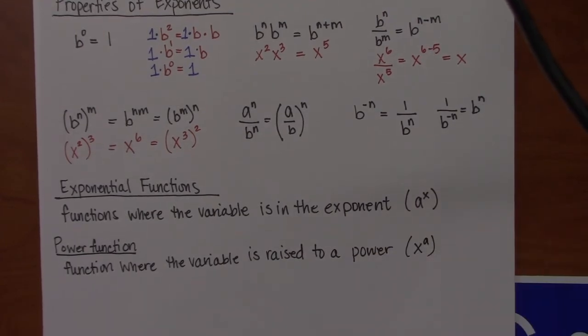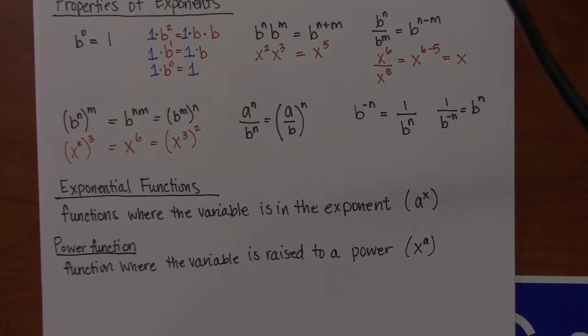So you should be able to see the difference in those two expressions. In a power function, the variable's in the base. That's primarily what we've worked with so far, and then the exponents are constants. Now we're going to look at things where the base is a constant number and the variable is what's changing.